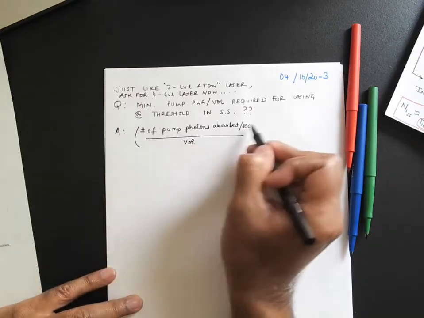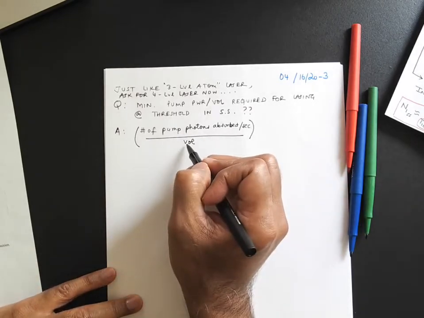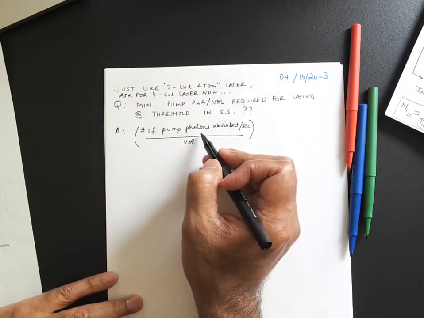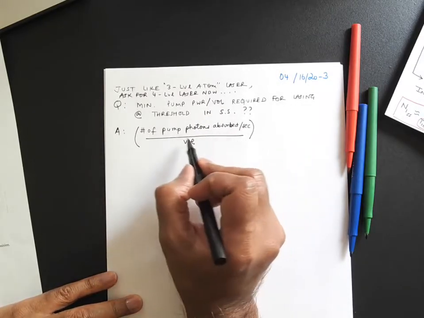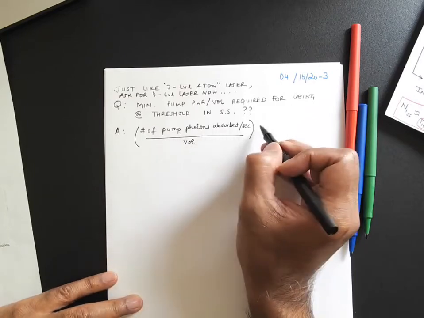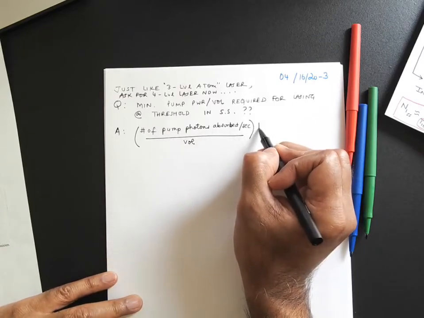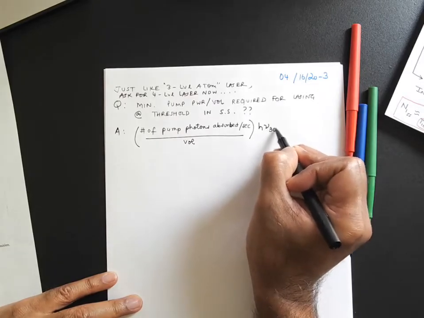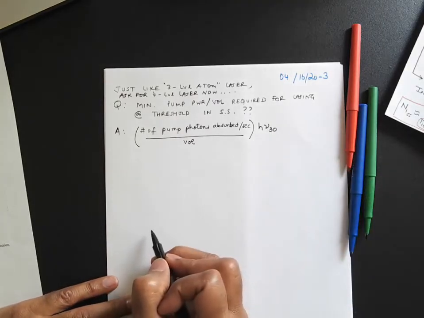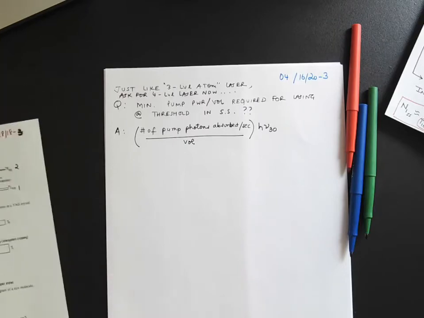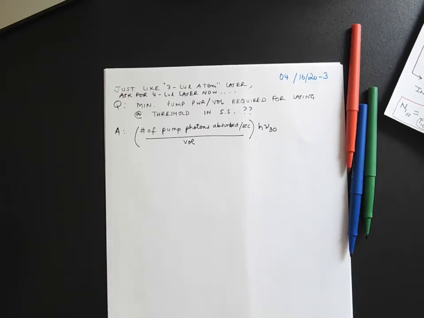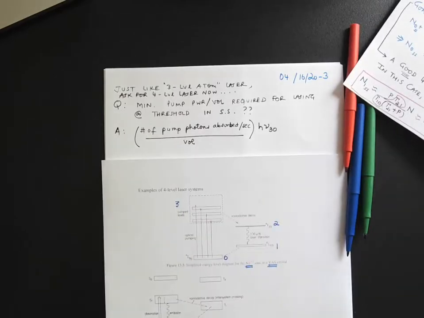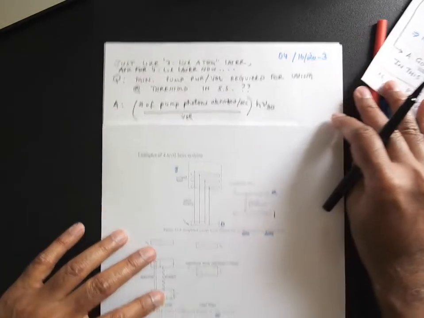Okay, and so that's the number per unit volume, but I want the power per unit volume, and so I have to multiply this by the energy in each photon. So H nu, and this is between the 3 and the 0 transition, right? So now I look at my 4-level system. Yeah, here we go. So I pull that back up.